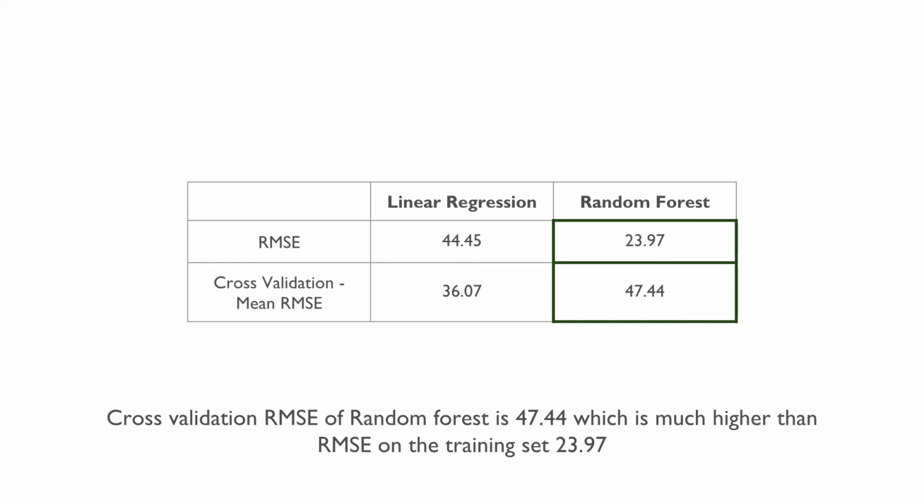To solve this, we can either regularize the model or get a lot more training data. We will learn regularization later in this course. Let's select the random forest model now for hyperparameter tuning.